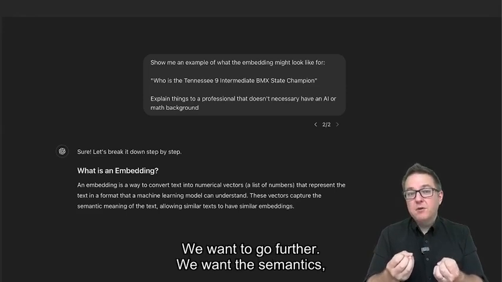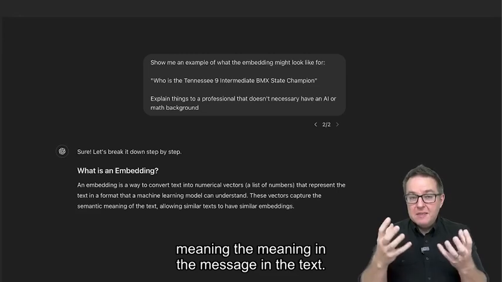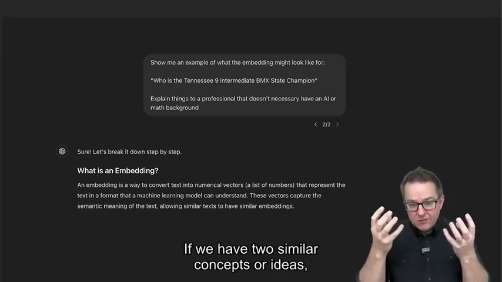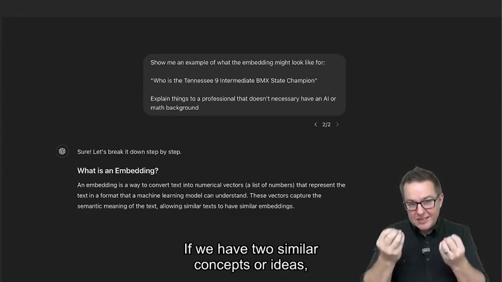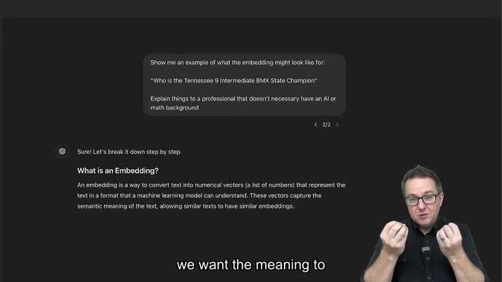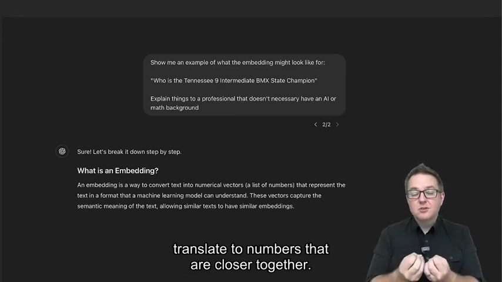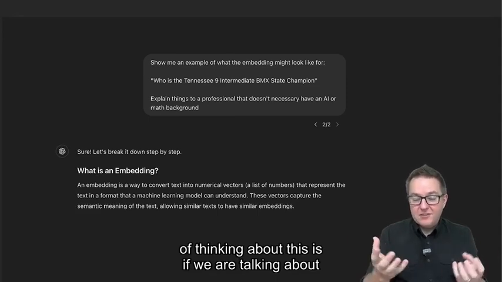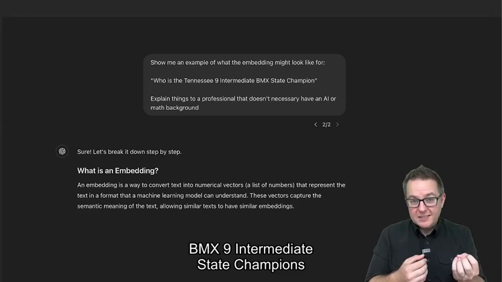So we want to go further. We want the semantics, meaning the message in the text. If we have two similar concepts or ideas, we want the meaning to translate to numbers that are closer together.